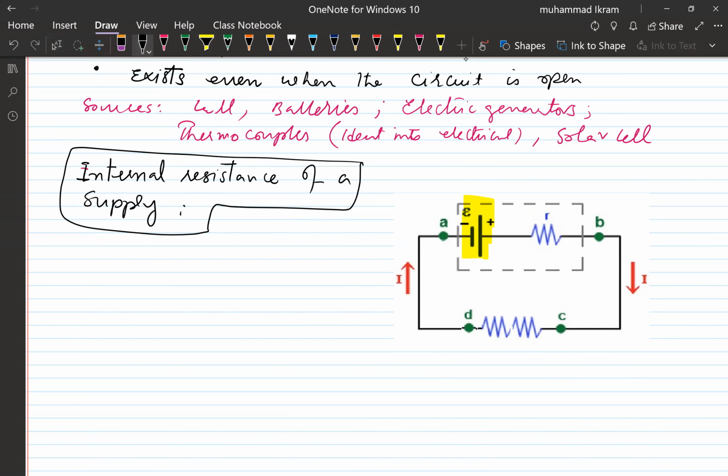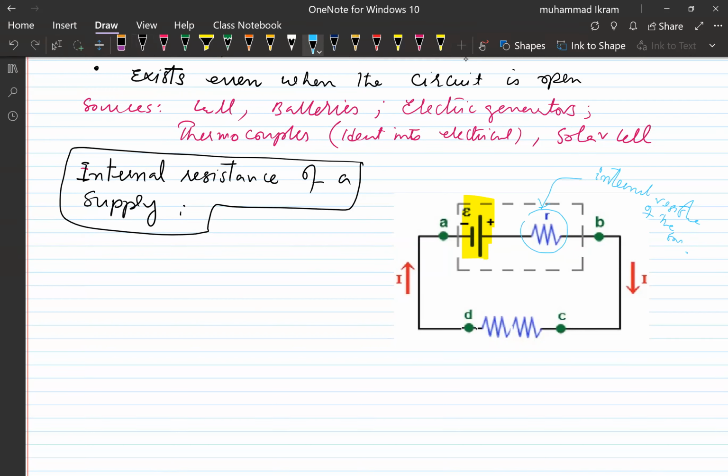You know that there is chemical, and almost all conducting substances have some resistance. So definitely our battery has some internal resistance, and the internal resistance of the battery is marked by small r. This is the internal resistance of the source or battery.